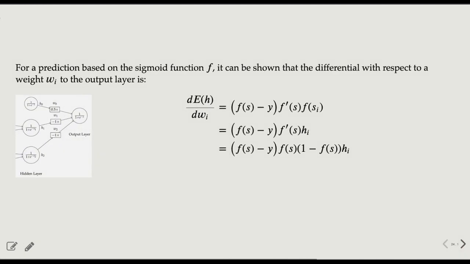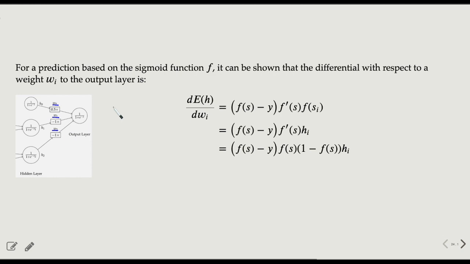For prediction based on the sigmoid function, it can be shown that the differential with respect to the weights from the hidden layer to the output layer, W0, W1, W2, can be computed.